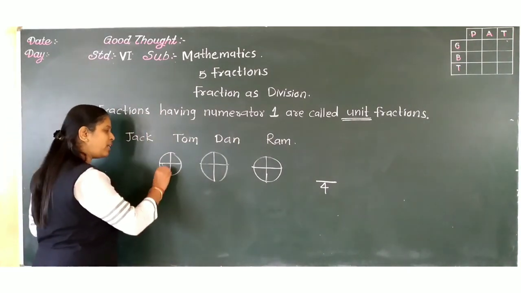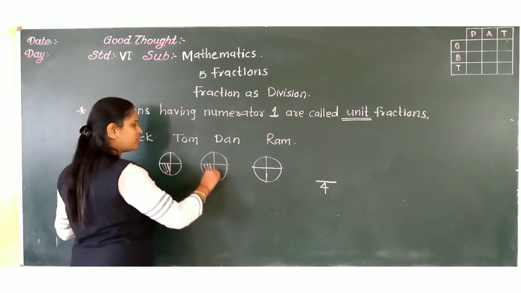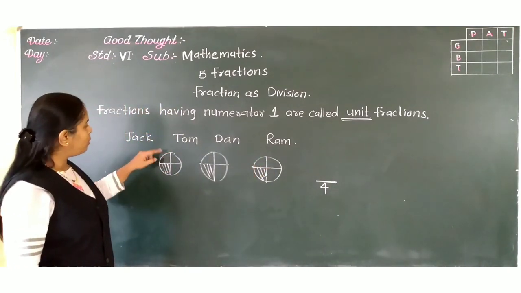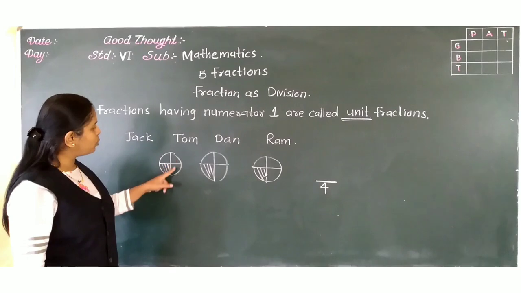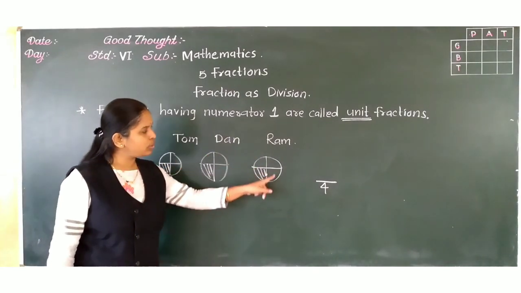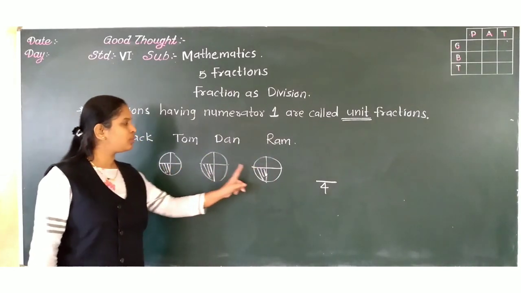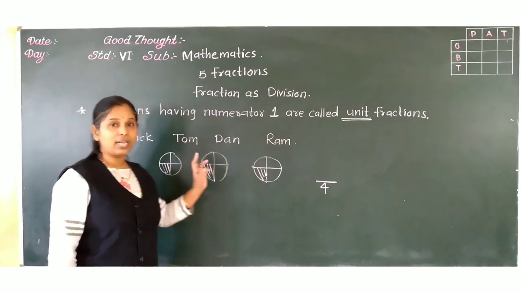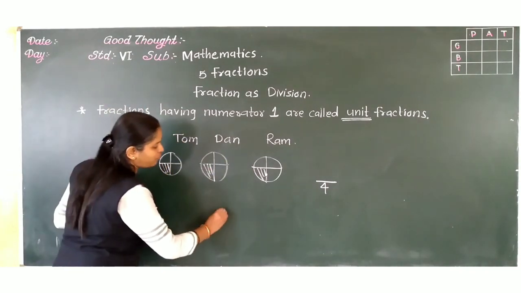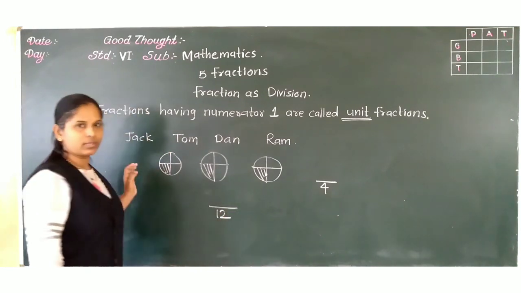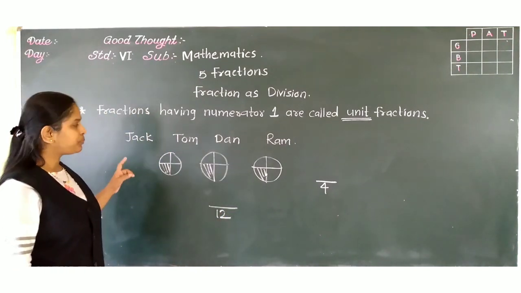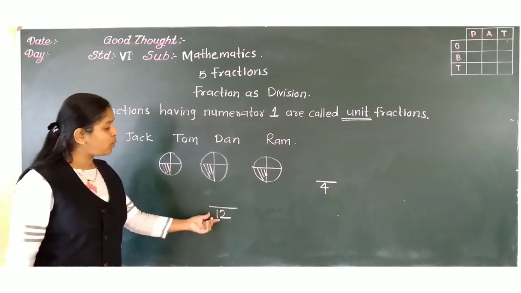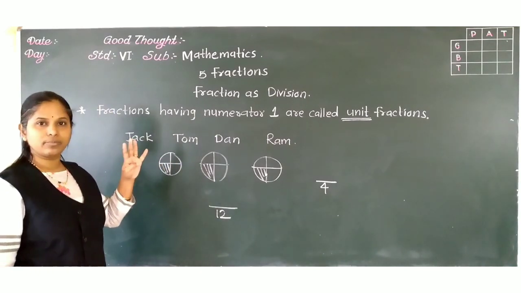Now if I take one part out of each pizza, one friend will get 1, 2, 3. That means the total parts of pizzas became 12. Now divide 12 by 4 friends.